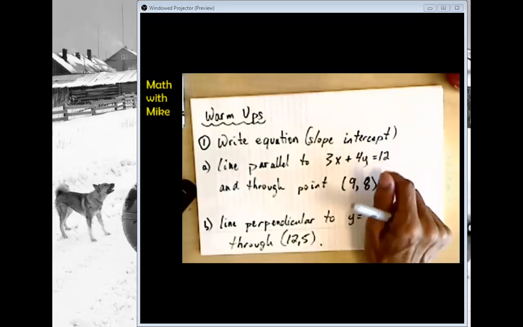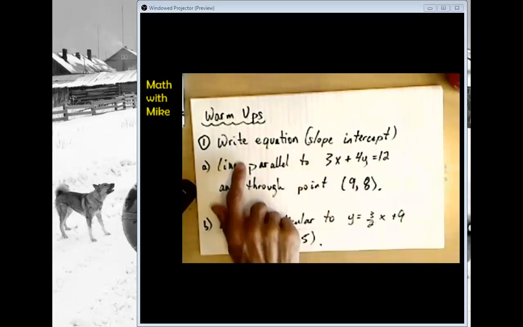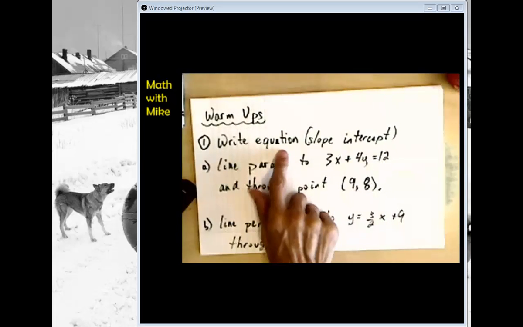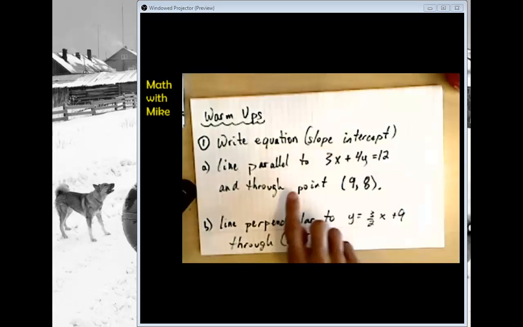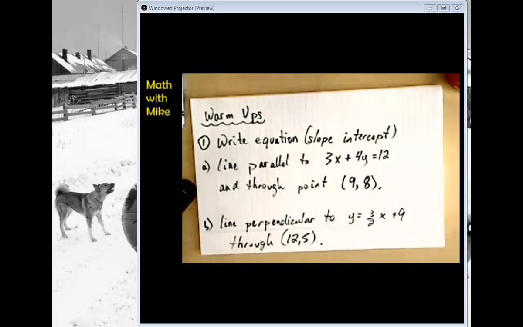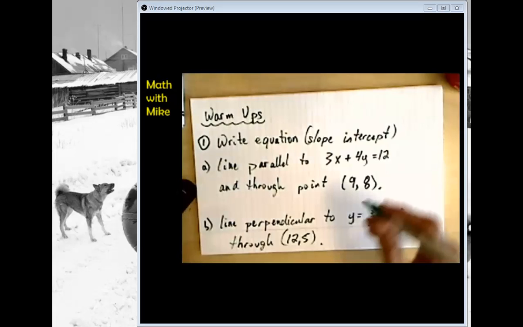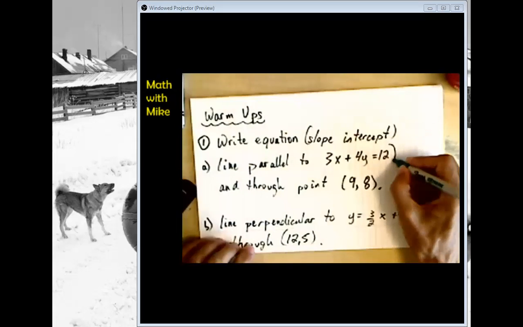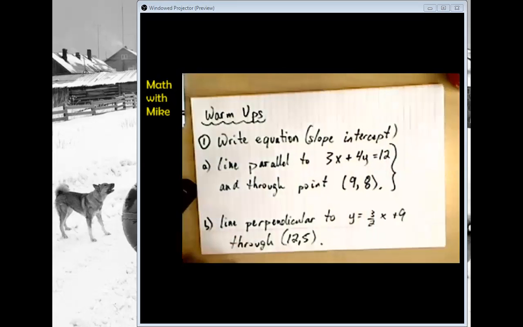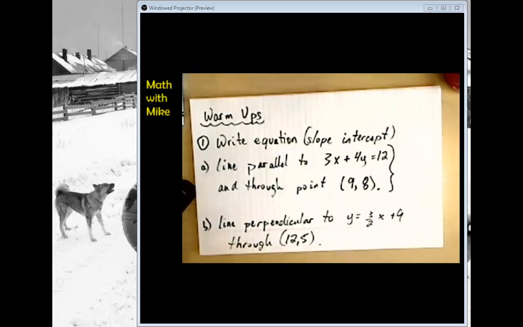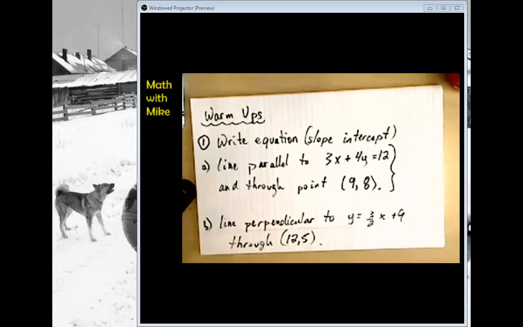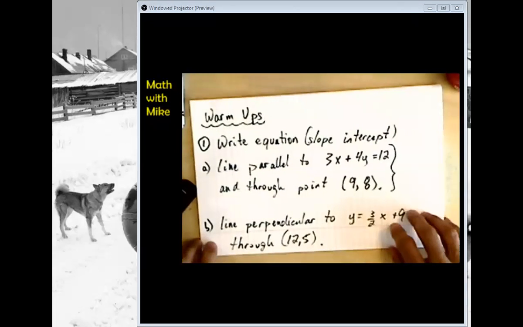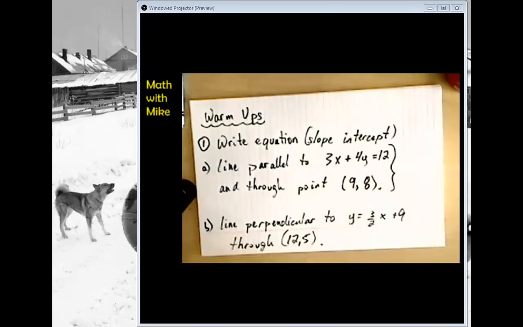What are we going to do in order to figure out the equation of a line in slope-intercept form, given this situation here? What's one thing we got to do?